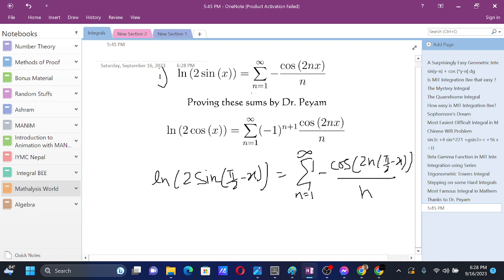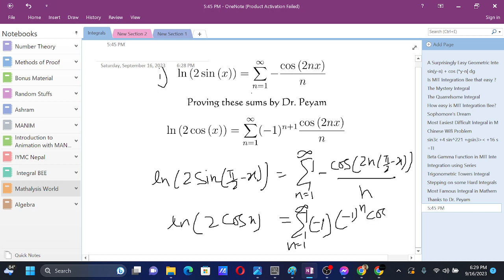Now this will be n pi. Now we will have ln of 2 cos x equals the summation from n equals 1 to infinity, with the negative sign over here, negative 1 over here, and then this will be cos of (n pi minus 2nx). And cos of (n pi minus 2nx) is negative 1 to the power n times cos 2nx.